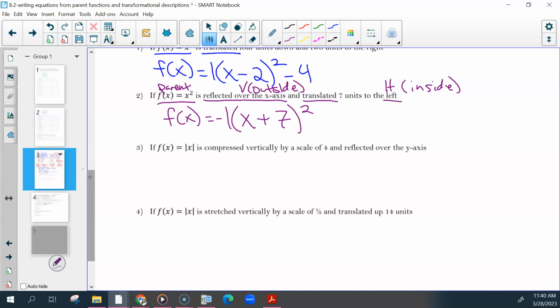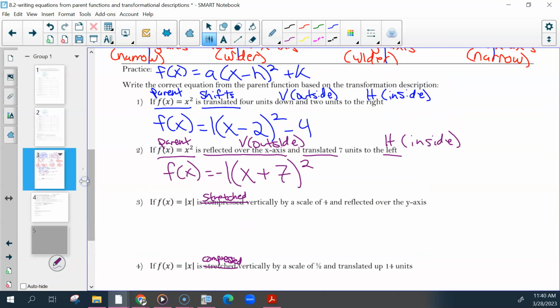These words got switched. So on number 3, this should be stretched. And 4 should be compressed. I'm also going to write, our parent function has changed.